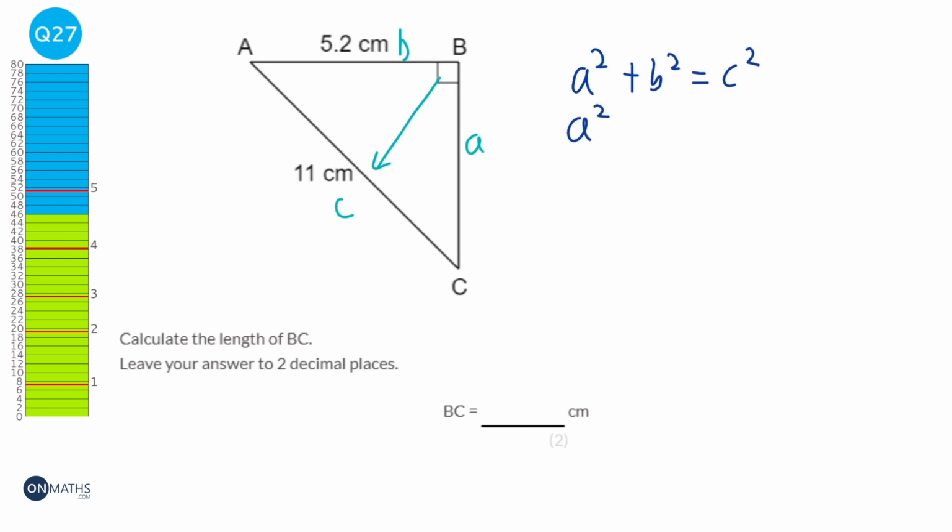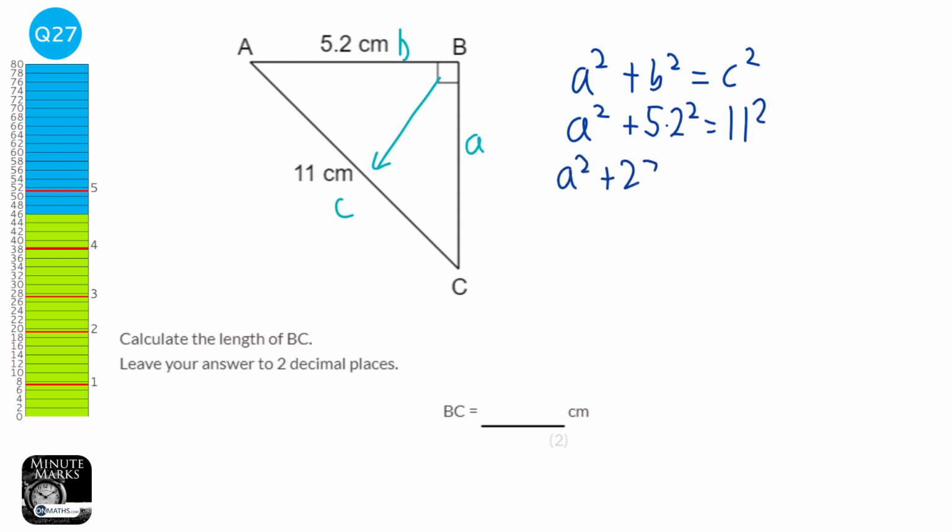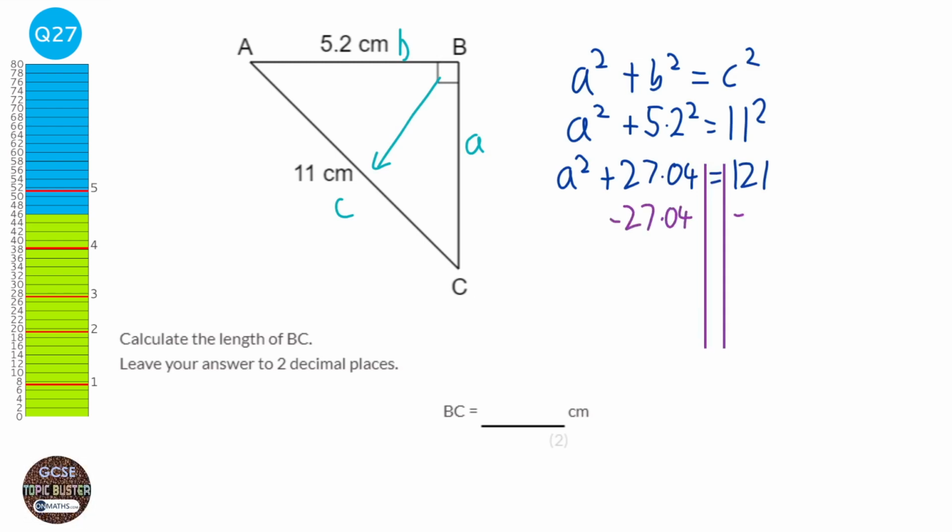We don't know what a squared is, but we know what b is, which is 5.2, and we know c is 11. So when we do that, we get a squared plus 27.04 equals 121. And we just solve. So the first thing I'm going to do is take away the 27.04 from both sides.